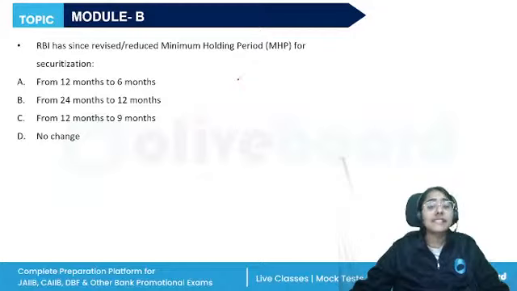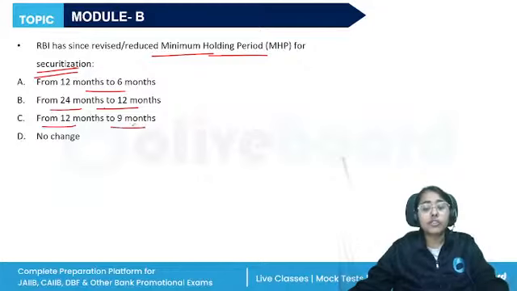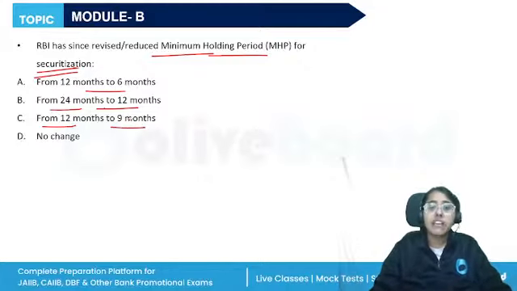Now, according to the revised guidelines, the reduced minimum holding period for securitization from 12 months to 6 months, from 12 months to 24 months, from 12 months to 9 months, or no change has been made. When we are referring to the minimum holding period, the originating banks can securitize loans only after these have been held by them for a minimum period in their books.